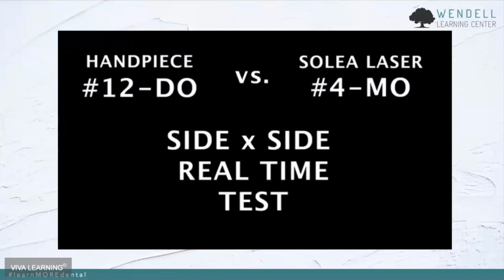I was just shooting a video to kind of demonstrate the workflow difference when you have a single class 2 that's taking up about 40 minutes of chair time. And I did it with a handpiece on 12DO, and then I did it with the laser on number 4MO. So very similar procedures. And I'm just going to show you kind of the side-by-side test here.